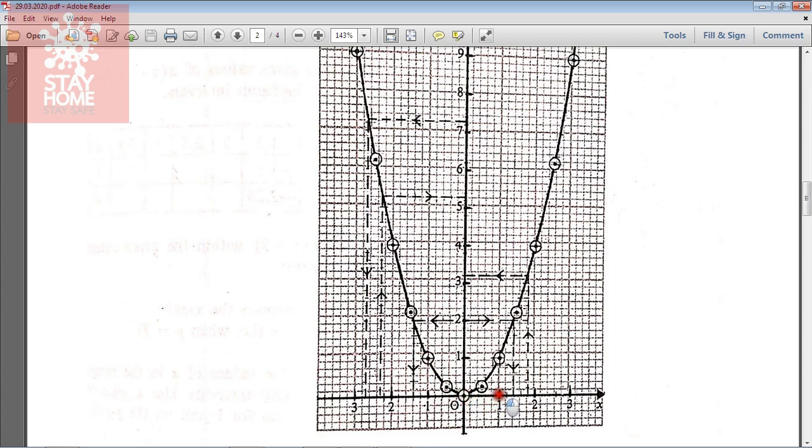If the value of x is 1, the value of y is also 1. If the value of x is 2, the value of y is 4. See this 4. I am avoiding these decimal points. I am just taking the whole numbers. And then 3 gives 9. After that you can join these points to draw the quadratic graph.